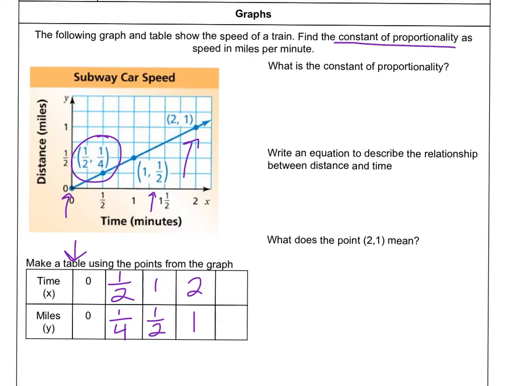Let's use 1, 1/2. So my constant of proportionality is k equals y divided by x. My y value is 1/2 divided by my x value, 1. 1/2 divided by 1 is just 1/2, because anything divided by 1 is itself.